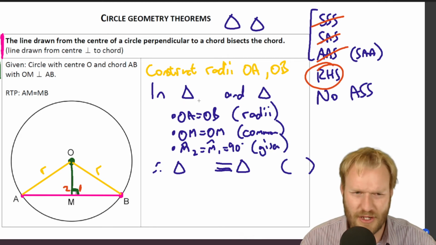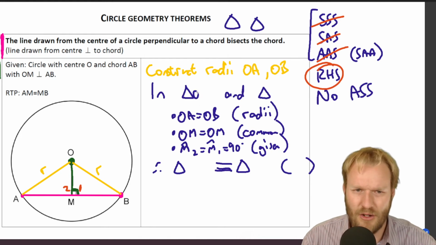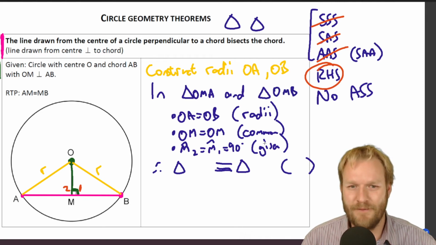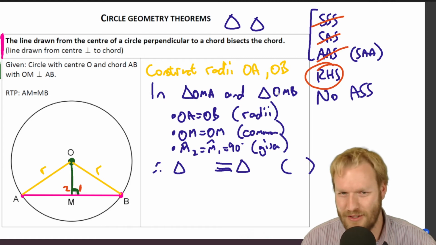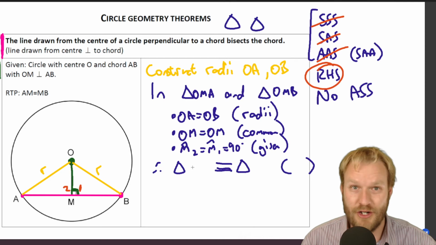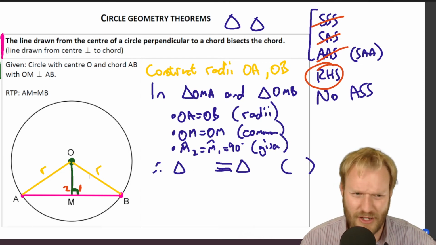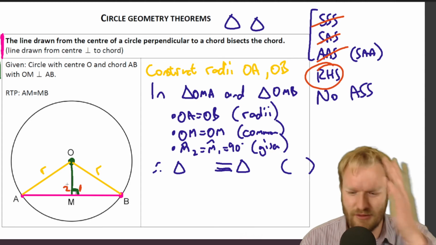Okay, so now we capture our triangles. In triangle, well, the left-hand triangle I'm just going to call OMA, and the other one I'm going to call OMB. So all these things on the right relate to that triangle, I think makes sense. So therefore, the two triangles are congruent. Just remember the order of letters matters here. Now, this triangle wasn't too bad to see that it's just been reflected.